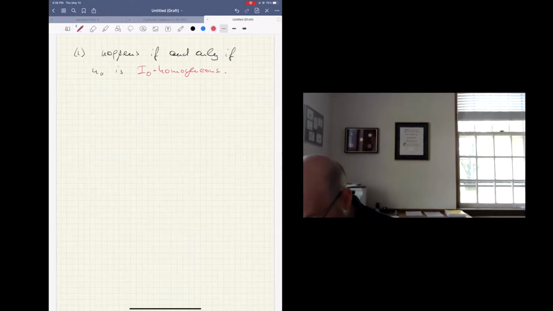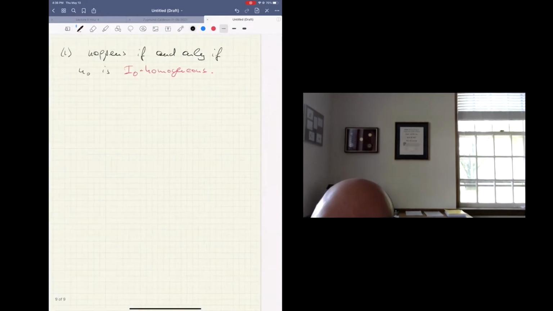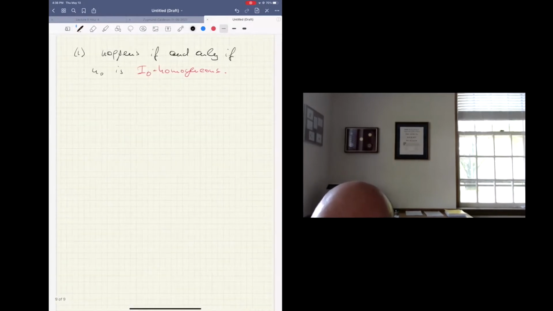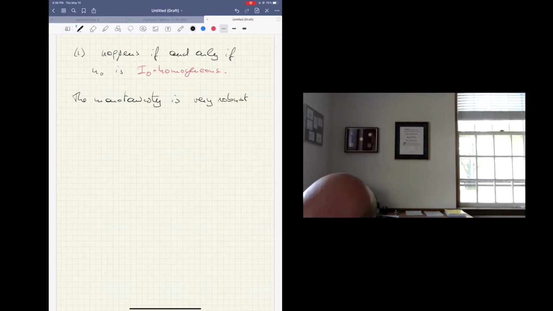Now, first of all, the monotonicity is very robust, meaning that you can actually prove it even for multi-valued minimizing functions.